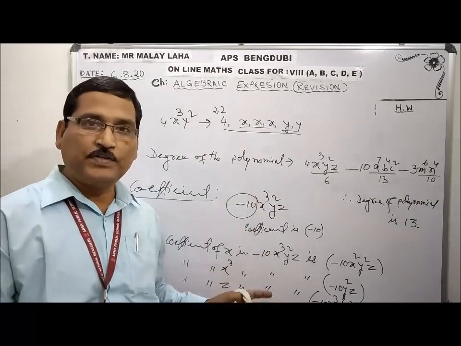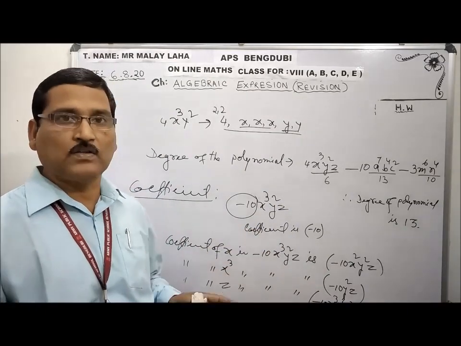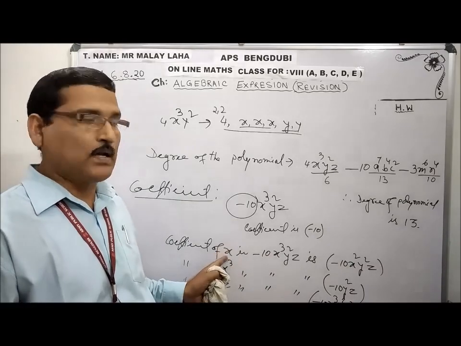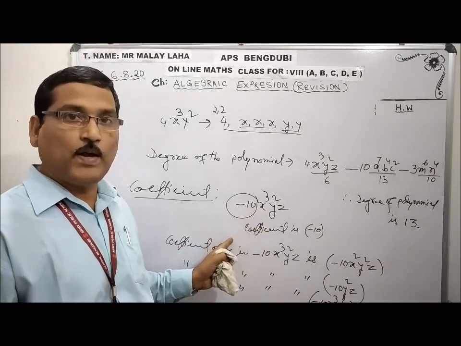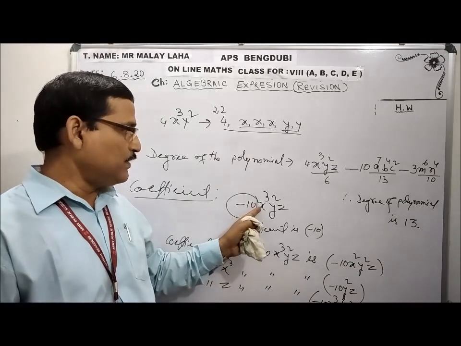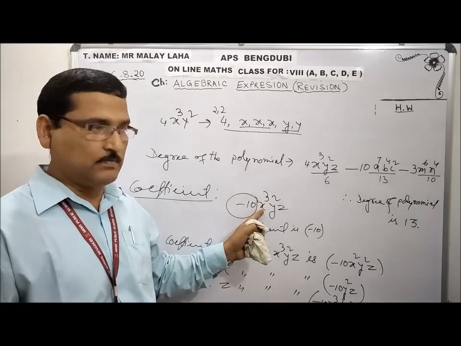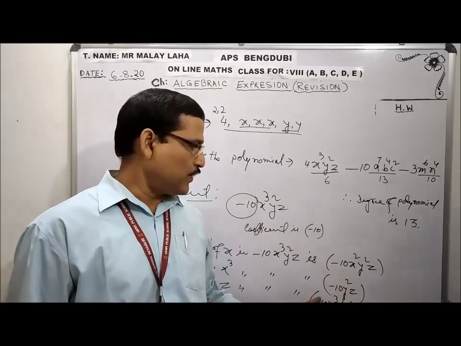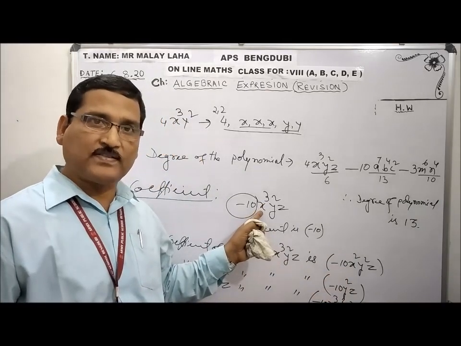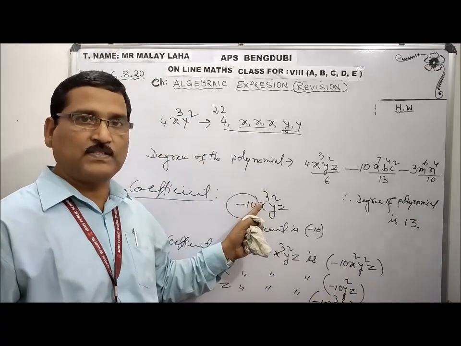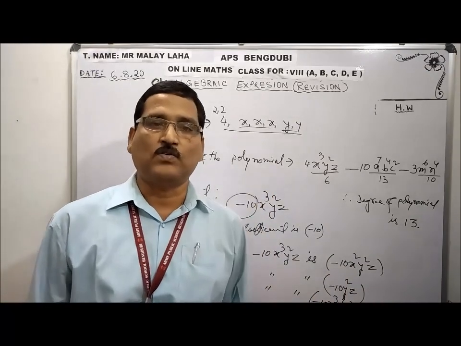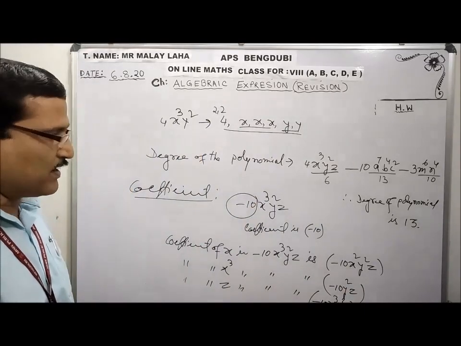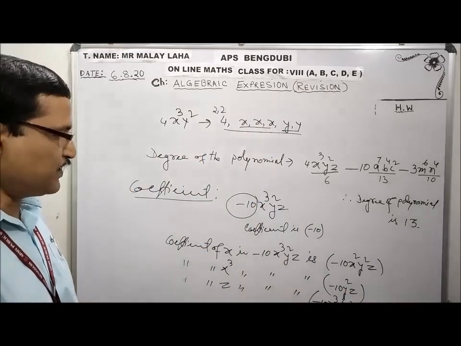Remember, whether you take one factor or two factors or three factors will depend on the instruction. I am taking here x, one x only, though it is raised to 3. Leaving one x from this term, the remaining part will be the coefficient. And when I take all of x cube from this term, the remaining part will be the coefficient. Are you clear? This is a very, very important part of your periodic test 1.